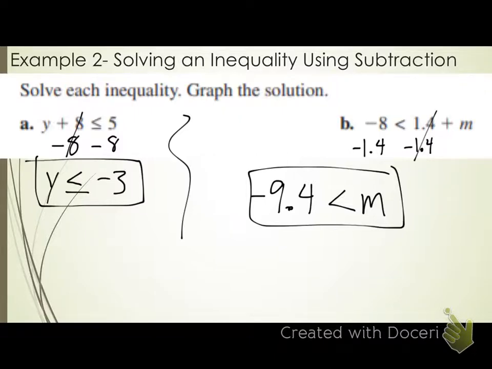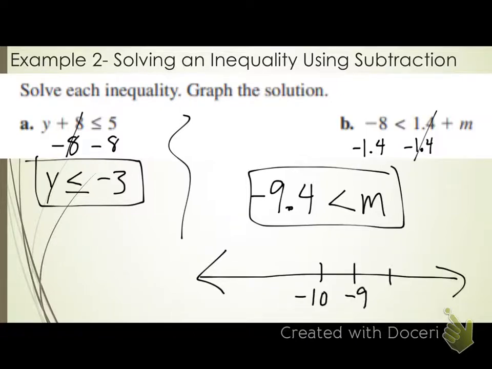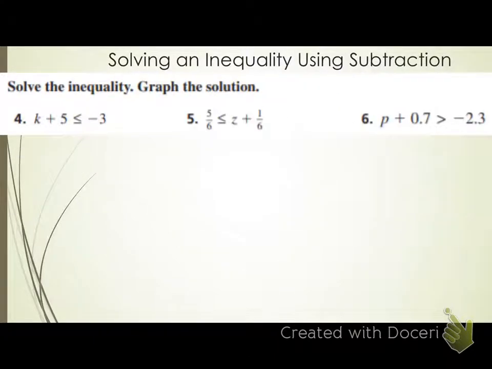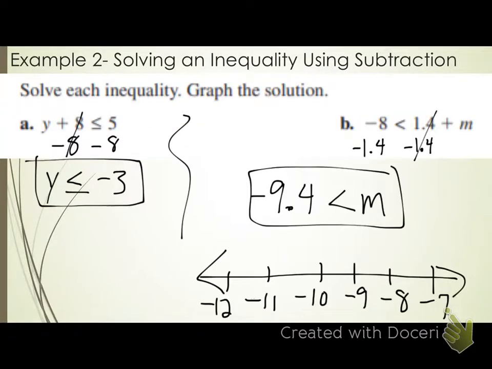So let's look at a number line. Where's my circle going to go? In between -9 and -10. Is it open or closed? It is open.